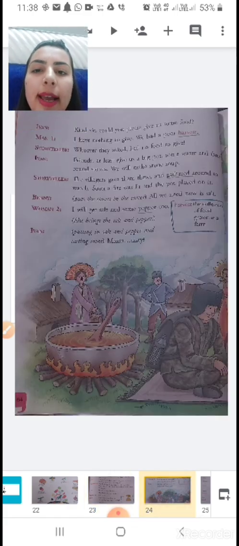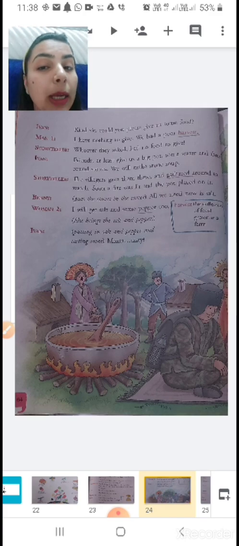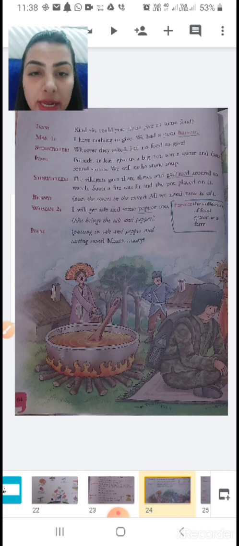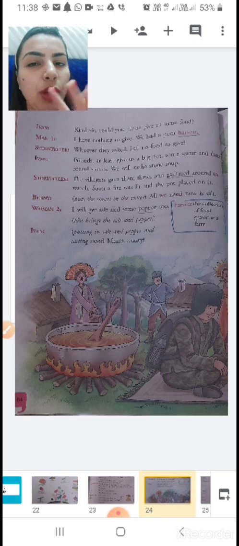Ivan says, "Kind sir, could you please lend us some food?" That means, can you please give us some food? Then that man replied, "I have nothing to give. We had a poor harvest." He is saying that they did not have a good harvest this year, that is why they have nothing to eat and nothing to give you.